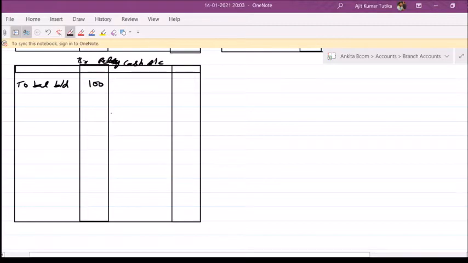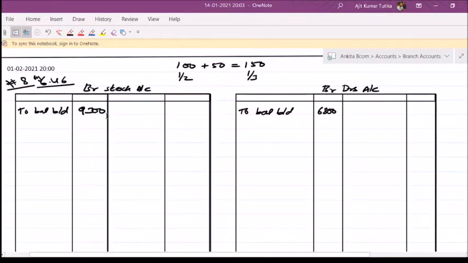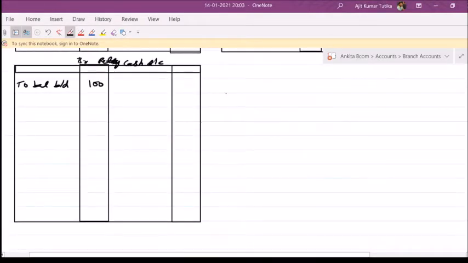Goods invoiced to branch at cost. Here he has given it at cost. He is saying that we have sent goods to the branch at cost, and the cost is 34,000. Whenever we get cost, we have to find half of it as profit. So let us calculate: goods sent to branch, cost plus profit equals invoice price.